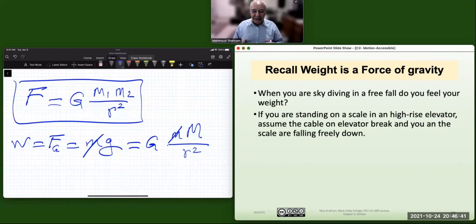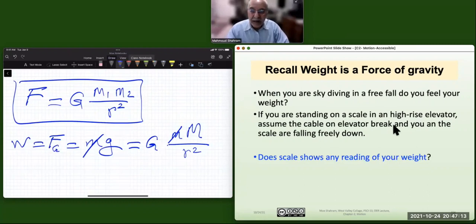Initially, you feel a little bit heavier as it accelerates and then goes at constant speed, especially in the older elevators. The new ones are designed so that you don't really feel that initial acceleration. And then when it comes down, initially you feel a little bit lighter and then it goes at constant speed. Suppose you have a scale under your feet in an elevator. You can read your weight.